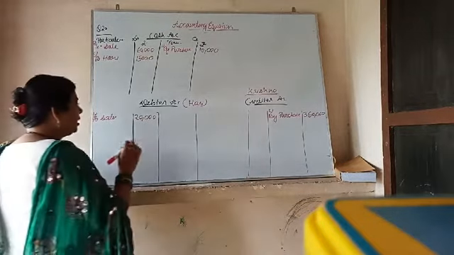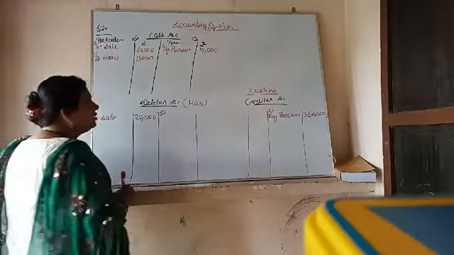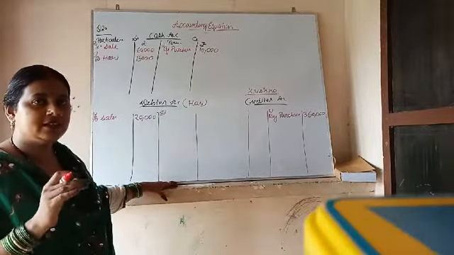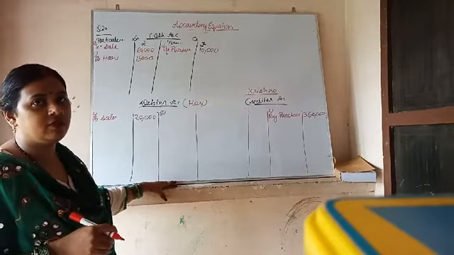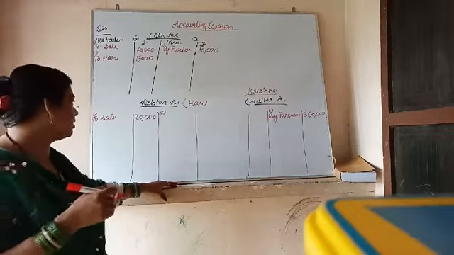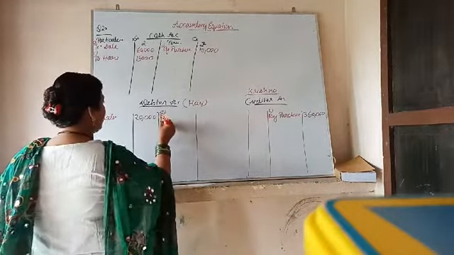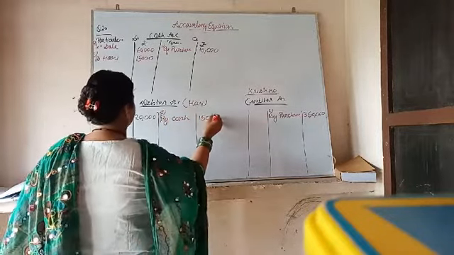So in the Hari account it will be on the credit side, because by the rules of personal account, debit the receiver, credit the giver. Hari has given cash to the firm, so we write "By cash", 15,000.